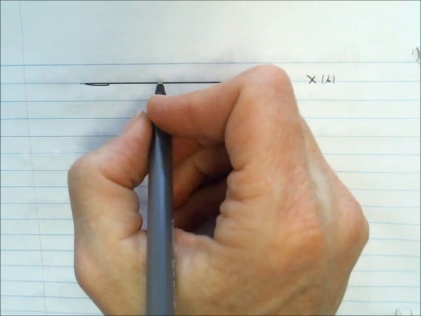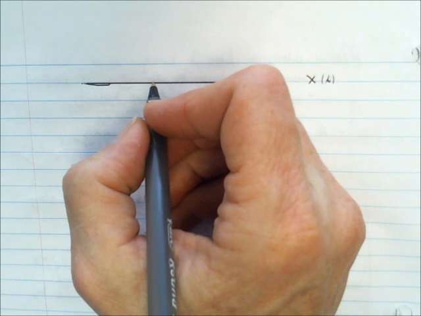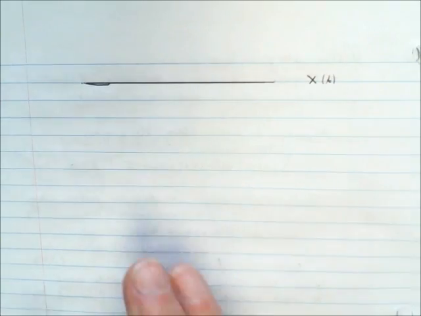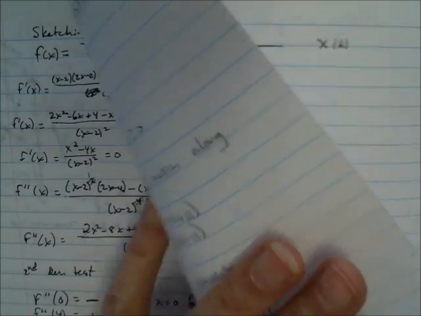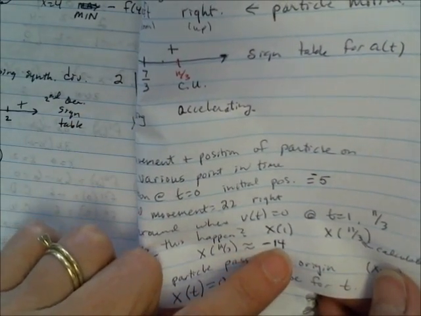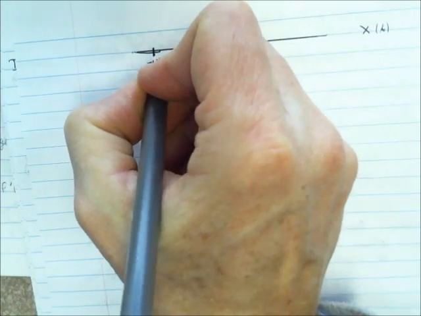So if you remember, when time is equal to 0, we had the x value being equal to negative 5, but then we also had an x value being equal to negative 14. It looks like that's the leftmost spot. So we'll start out over here on negative 14.